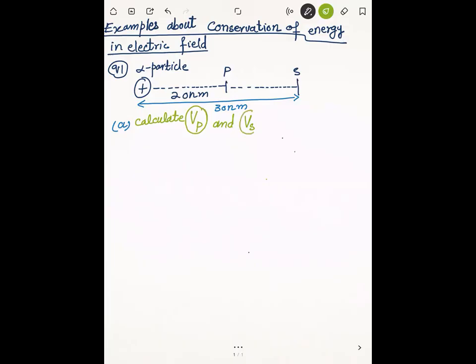Now, before moving on, you should know the charge of the alpha particle. An alpha particle, with numbers 2 and 4, is basically a helium nucleus. When you are given a nucleus, its charge and mass can be written this way: the smaller number is the charge, and the higher number is the mass.